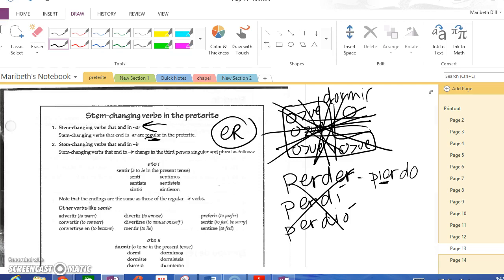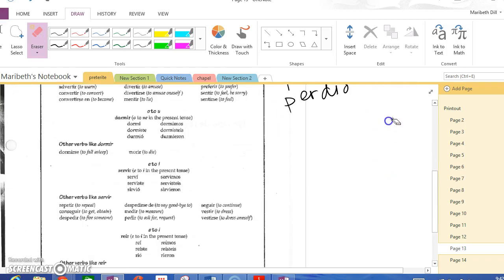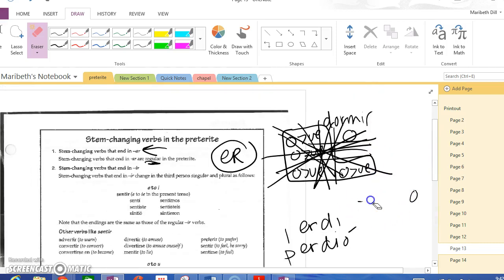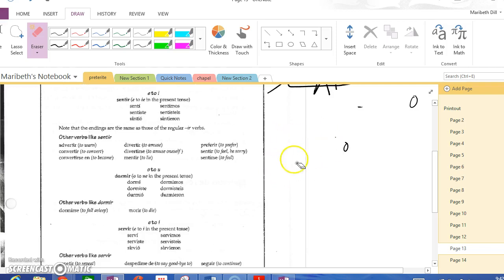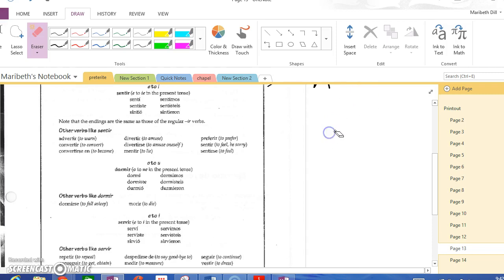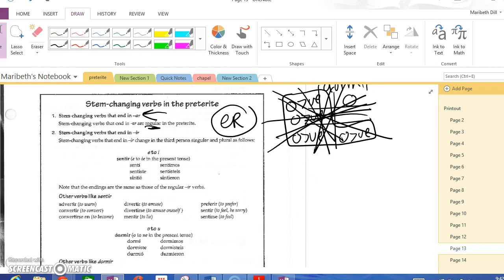Okay, but there are stem changers. So what happens? A few things must be true. First of all, in order for a verb to be a stem changer in the preterite, it must end in IR.